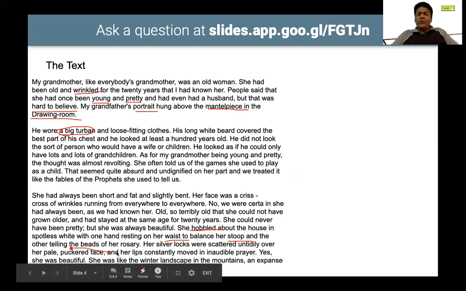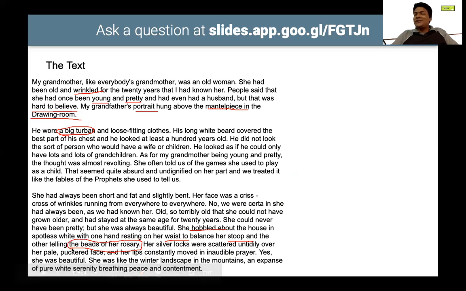So, what do you mean by beads of a rosary? The meaning of beads of a rosary is a mala, right? During the old age, our grandmothers and grandfathers used to pray and chant, holding beads.